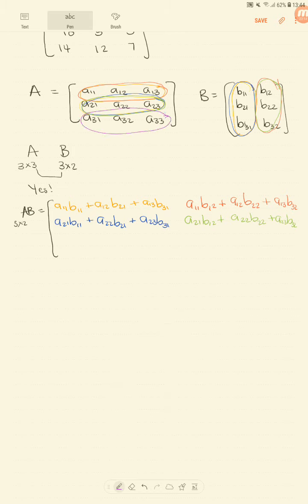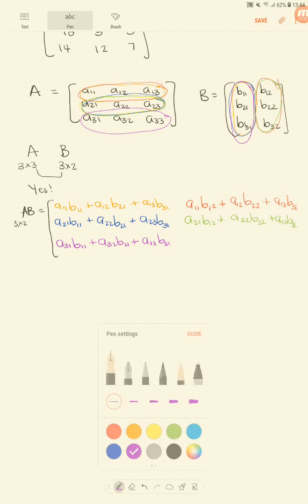Row 3, column 1: A31 B11 plus A32 B21 plus A33 B31.